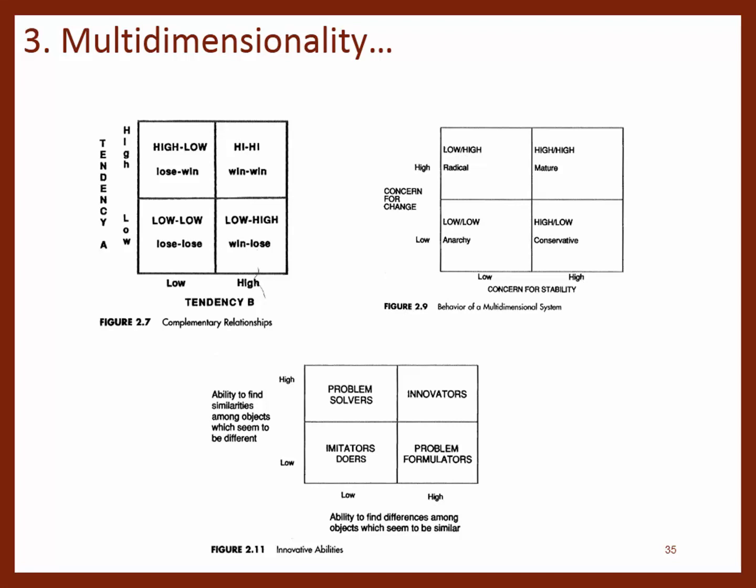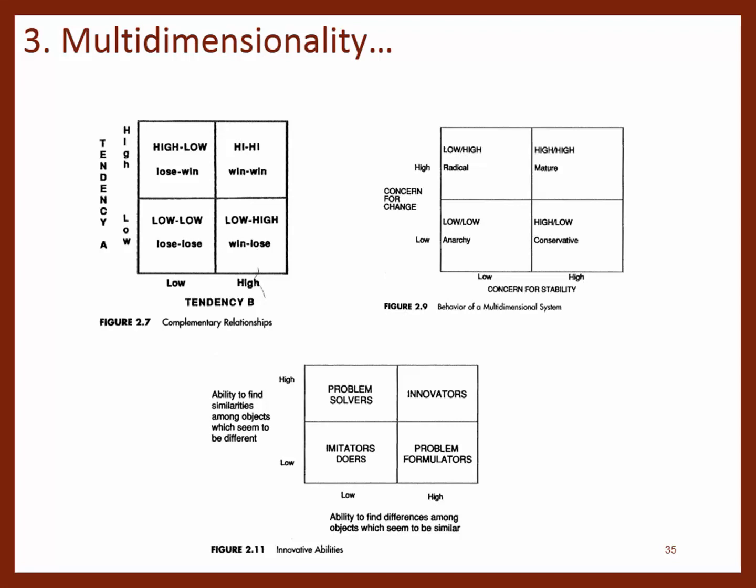So, for example, this is the first example. We have some graphs here. We have two tendencies. We can label them as high, low, low, high. Based on whether you are low, low, basically lose, lose, or wherever you're located here, you can state the dimension and the reaction of each of those tendencies, or the combination of those tendencies.